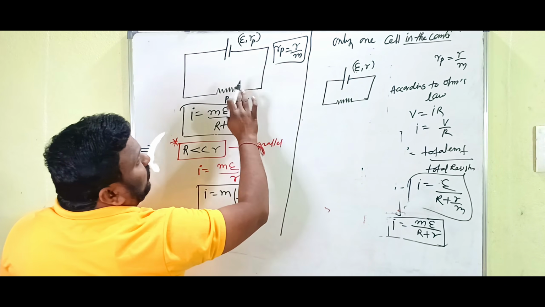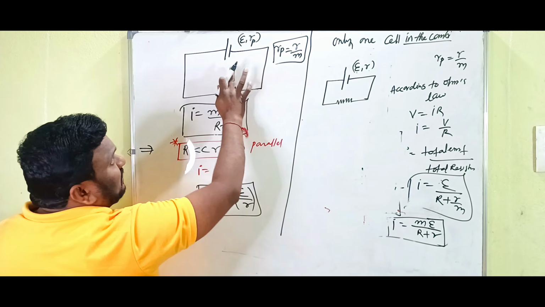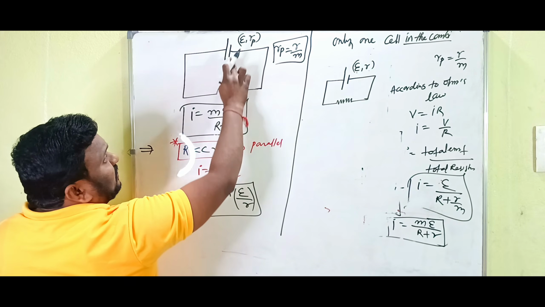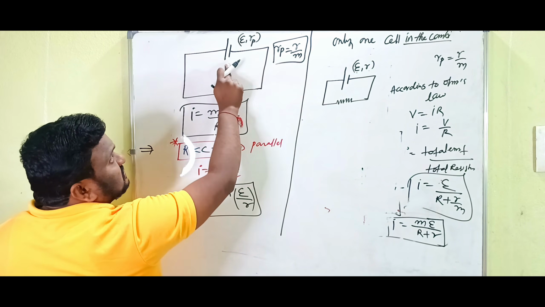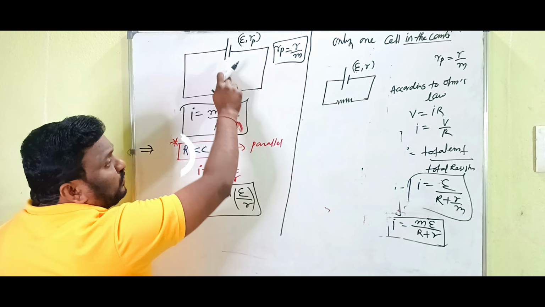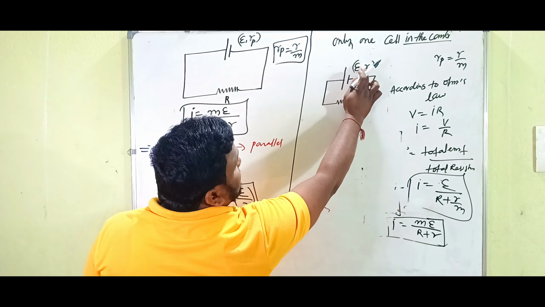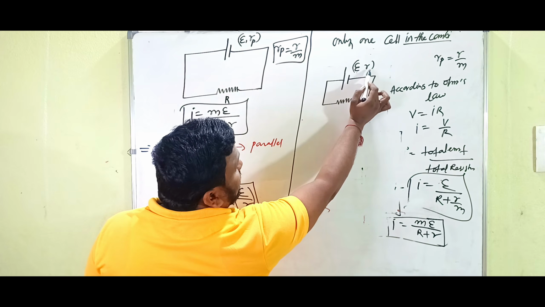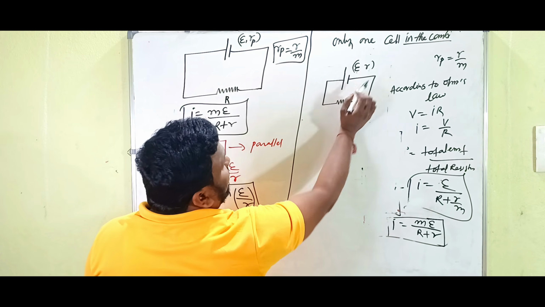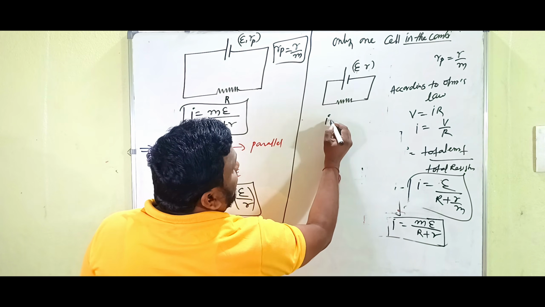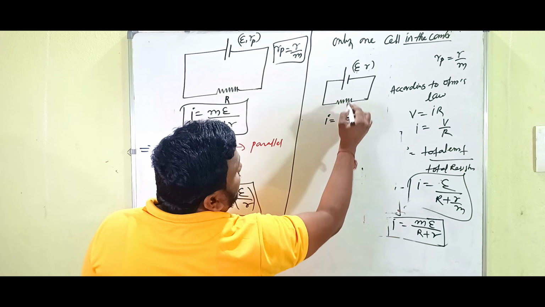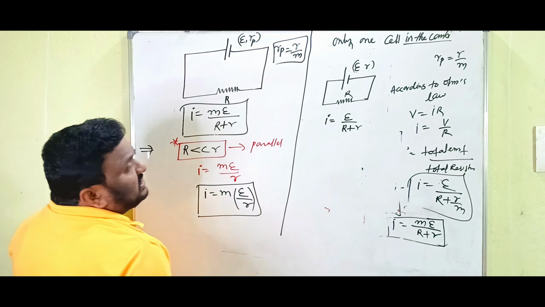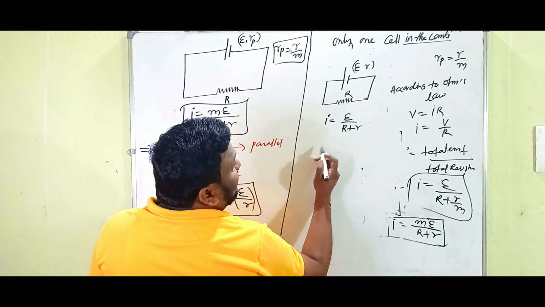Children, you can feel that both are similar, but here it is the effective resistance of all the cells, and now we have only one cell. Its EMF is epsilon, and this is r. According to Ohm's law, total EMF by total resistance, R plus r. Capital R is the external resistance and small r is the internal resistance.